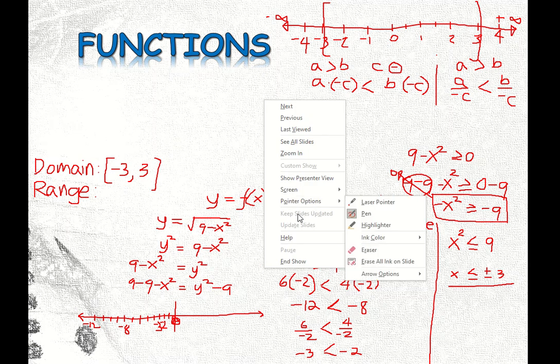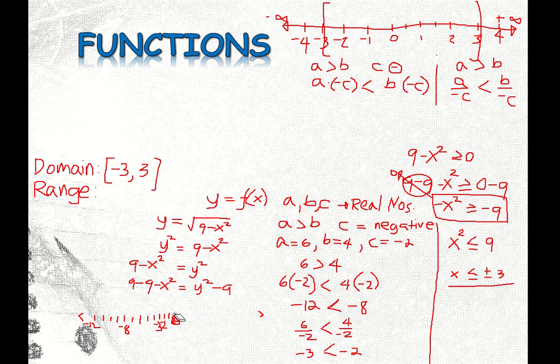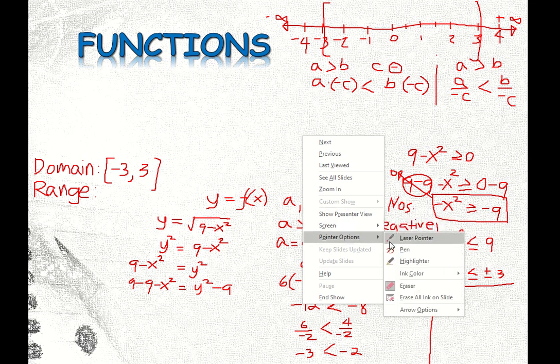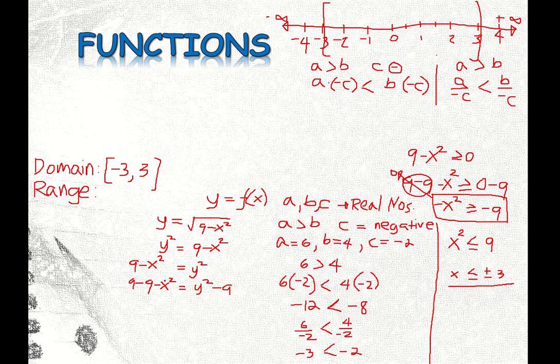So we have 9 minus 9, 0. What is left is minus x squared equals y squared minus 9.